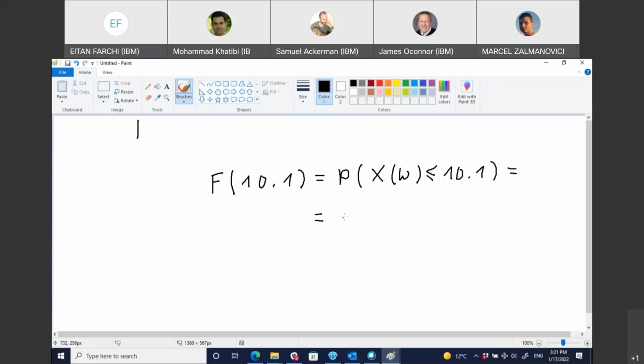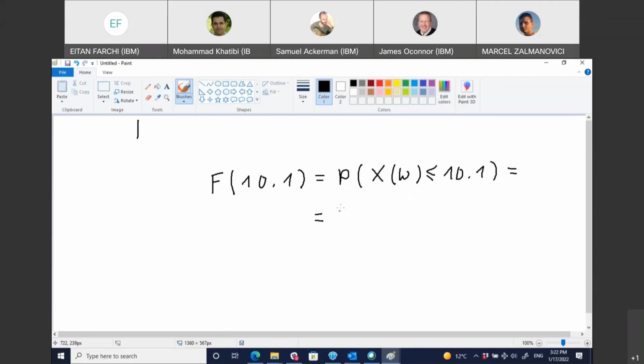So at any of the points 1, 2, 3, 4, 5, 6, the value of the random variable is going to be all the time less than 10.1.